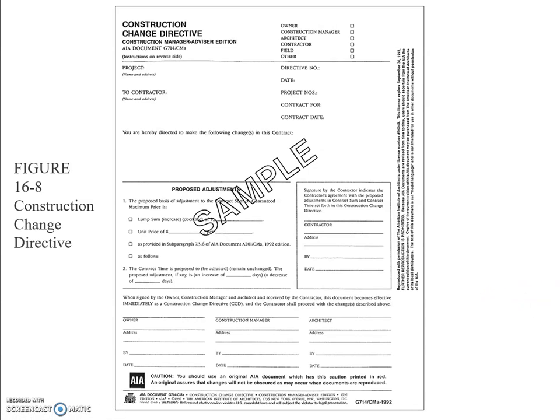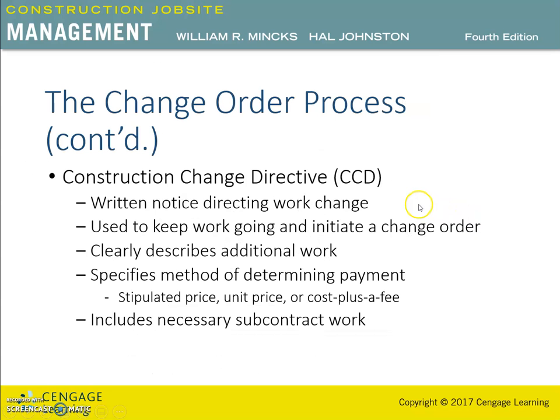The CCD should clearly describe the additional work. It also should specify a method of determining payment by one of the following methods: a stipulated price, a unit price, including a method of measuring the units attributed to the change, or cost plus a fee.